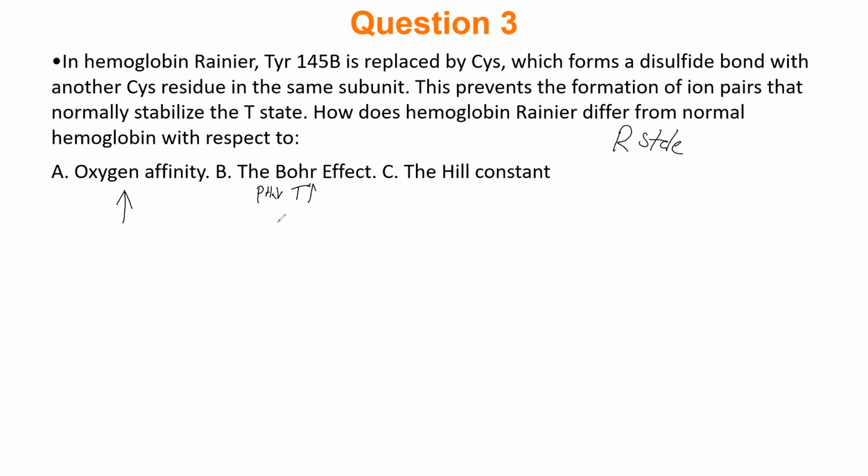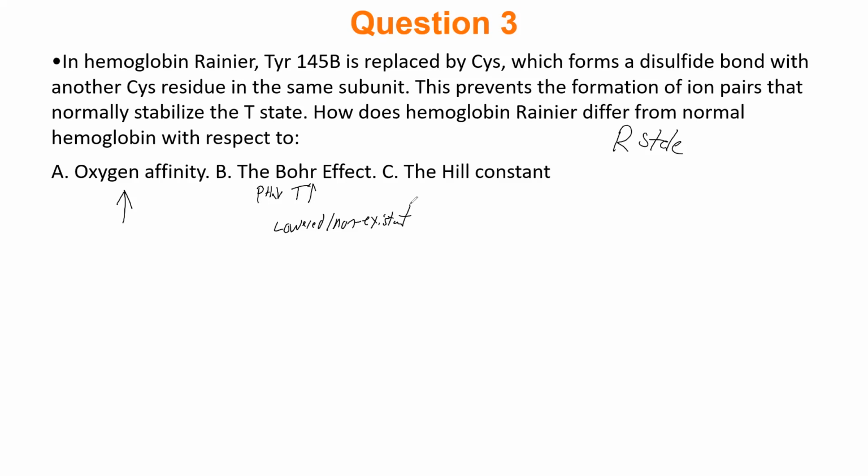So the overall Bohr effect is lowered or non-existent, because the Bohr effect only works by forcing hemoglobin to be in the T state at low pH. If I can never be in the T state because I have a mutation, it doesn't matter what the pH is, you're not going to change me. So the Bohr effect is non-existent, or its effect is lowered.